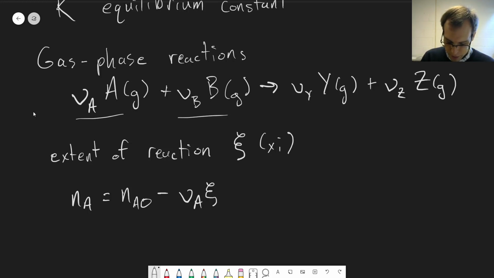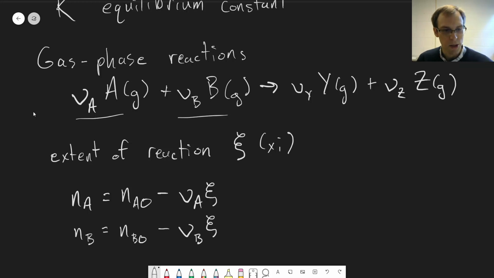And we can define similar equations for our B and Y and Z. So we'll have our initial moles of B, and for our reactants this will be negative that we are subtracting. And for our products, Y and Z, we could start with some of those products already present in our reaction mixture.